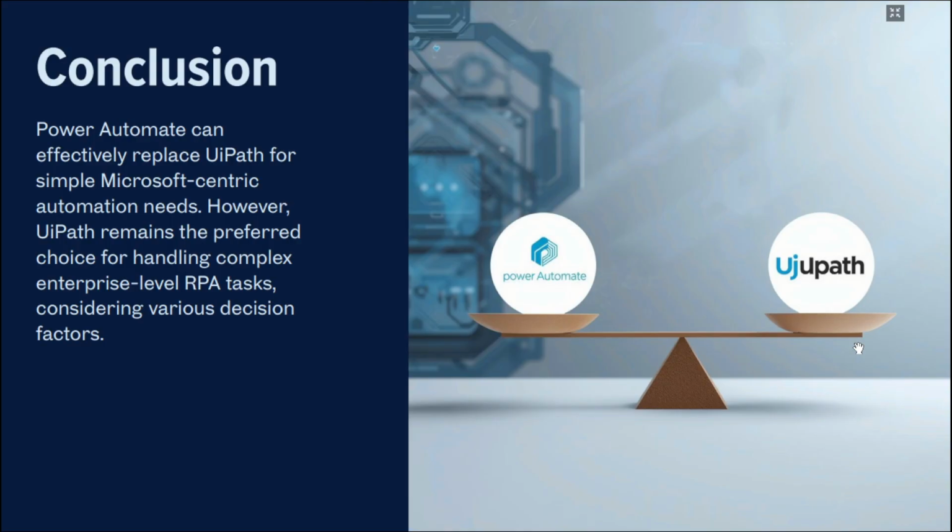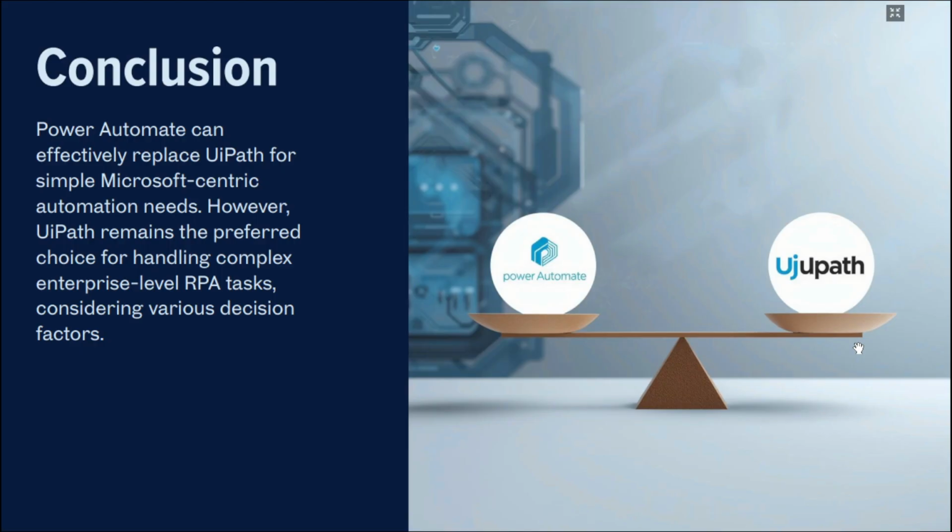And if we go to the final slide, which is the conclusion: Power Automate can effectively replace UiPath for simple Microsoft centric automation needs. However, UiPath remains the preferred choice for handling complex enterprise level RPA tasks, considering various decision factors.